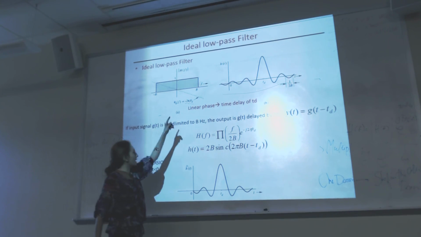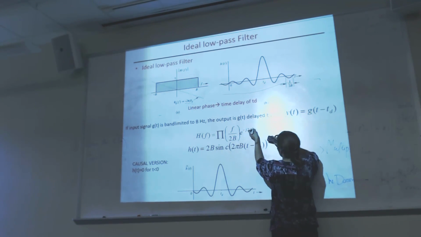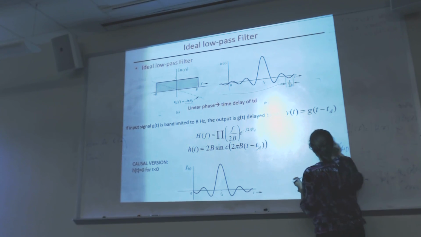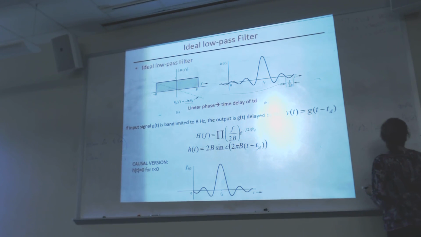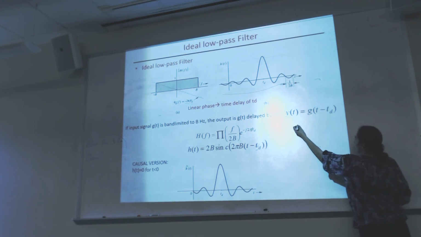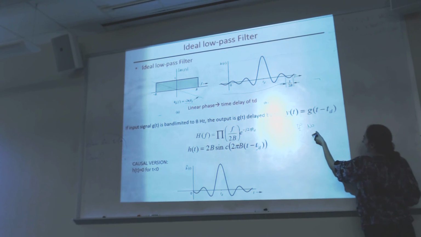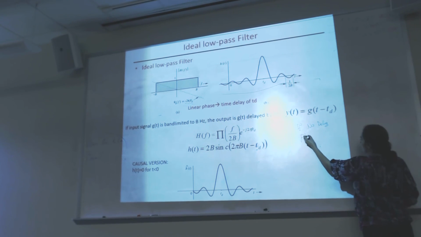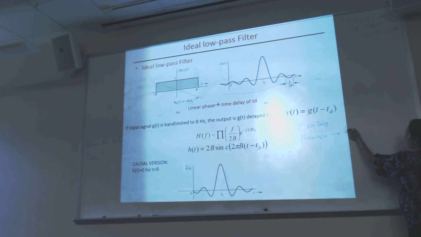If I didn't have that phase, if this T_D was 0, then what would my h of t be? Centered at 0. So if there was no delay, meaning the phase was 0, h of t was just a sinc function centered at 0.